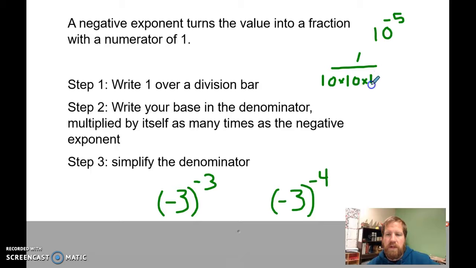So 10 times 10 times 10 times 10 times 10. And then the last thing is you need to simplify that. So that's going to be 1 over 1 followed by 1, 2, 3, 4, 5 zeros.